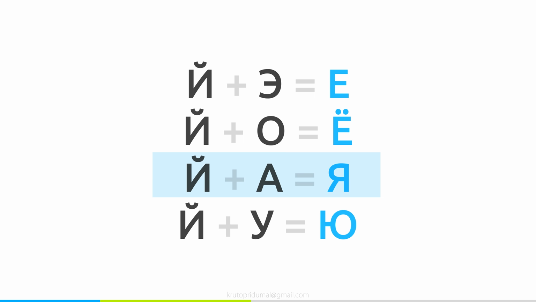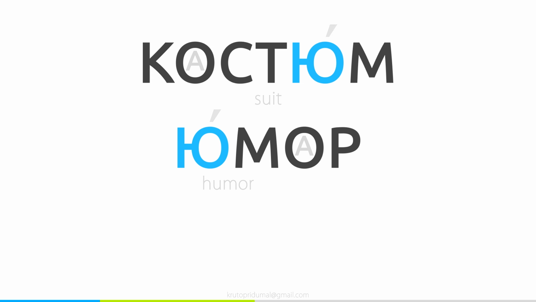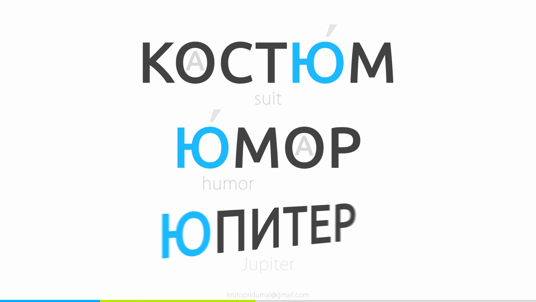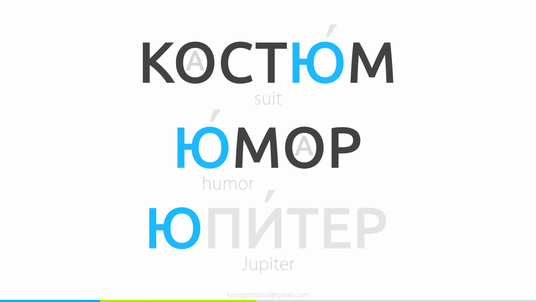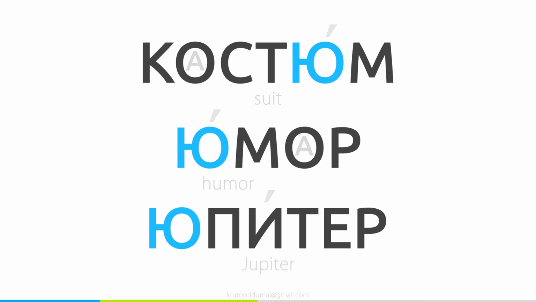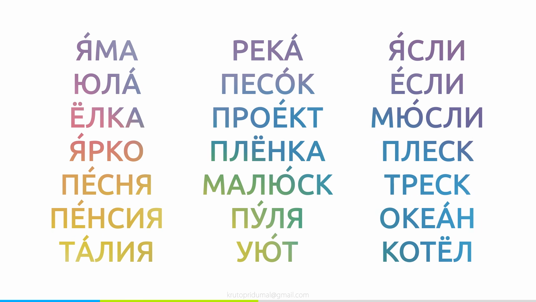Alright, let's finally move to you. You doesn't change the way it sounds, it's always you. Like in юмор, костюм, or in Юпитер. I think that we're done. Let's read some words and move on to the next part.